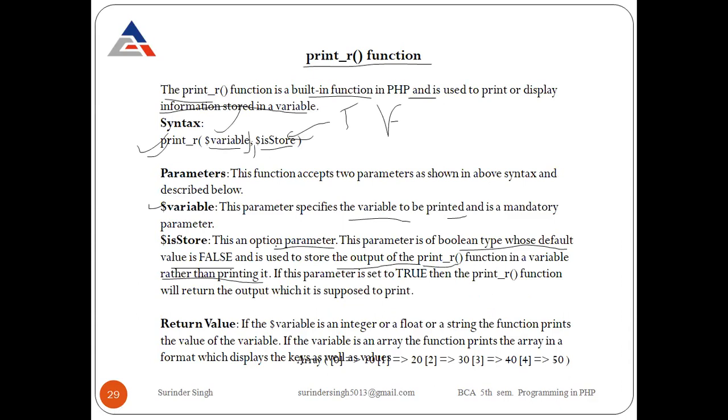This second parameter is optional, and it is of Boolean type whose default value is false and is used to store the output of the print_r function in a variable rather than printing it.